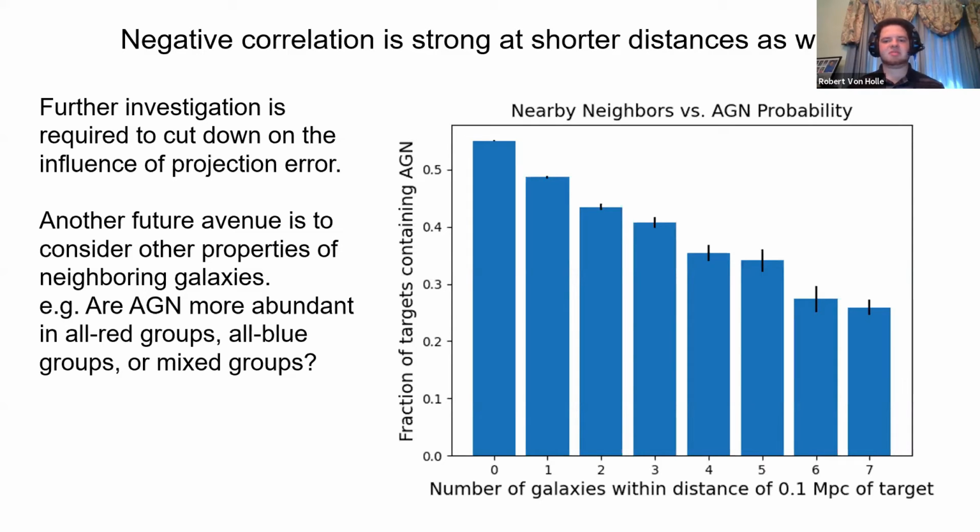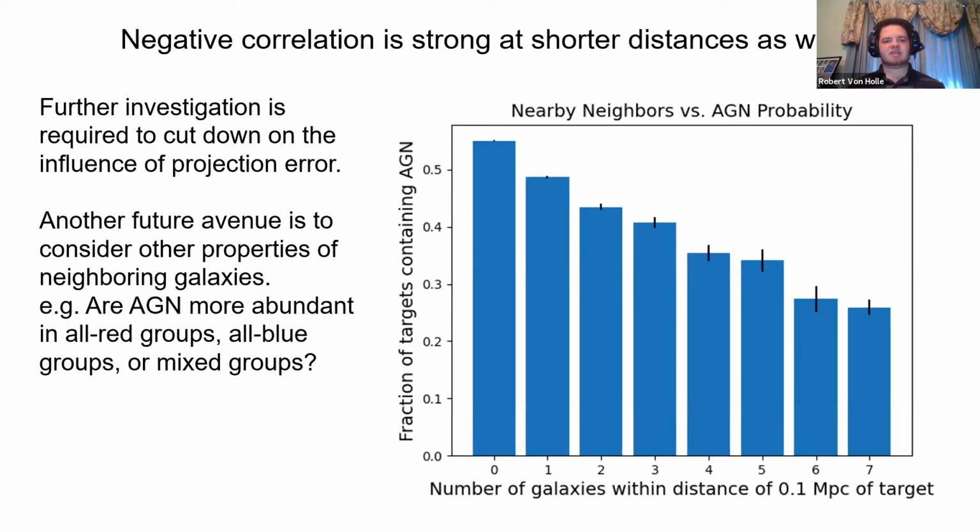Because we don't expect to see many galaxies with a large number of neighbors within 1/10 of a megaparsec, this seems to be roughly accurate, which is another clue to me that projection error is not playing too significant a part in messing up my sample.